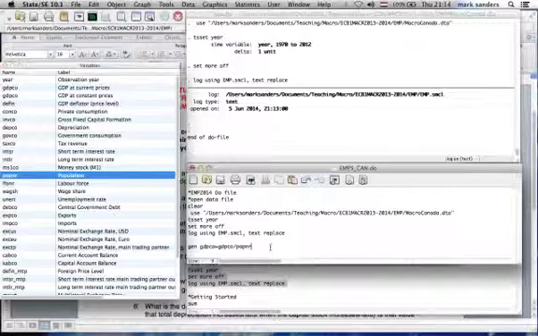Then I generate the growth rate of that GDP per capita: GDP per cap minus the lagged value of GDP per cap, divided by the lagged value of GDP per cap.